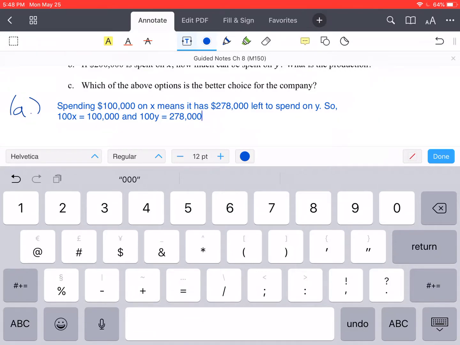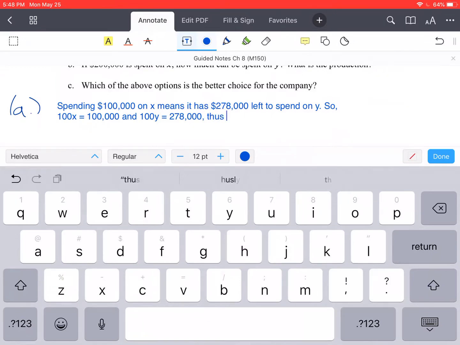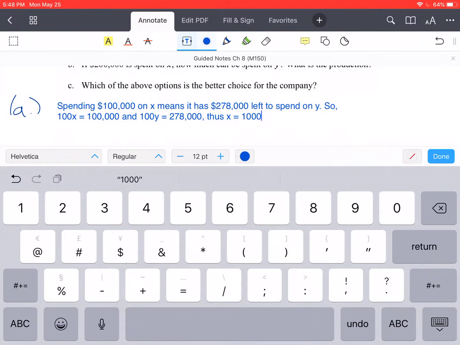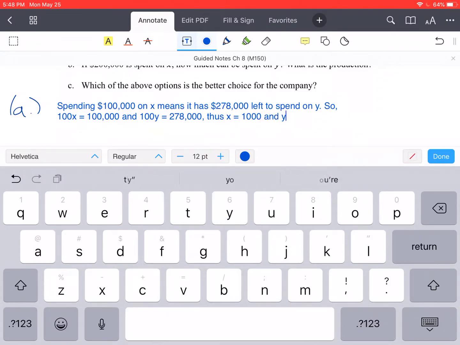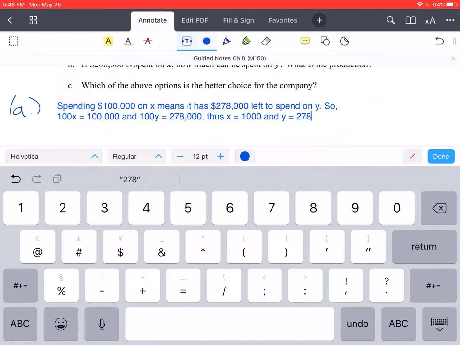So we get $100 per item for x, spending $100,000. Solve for x, that would give you x is 1,000, and then 100y equals 278,000, gives us 2780 for y. Thus, x equals 1,000, and y equals 2,780.